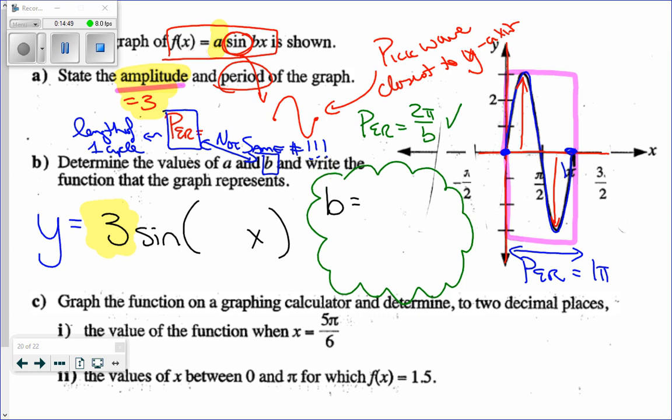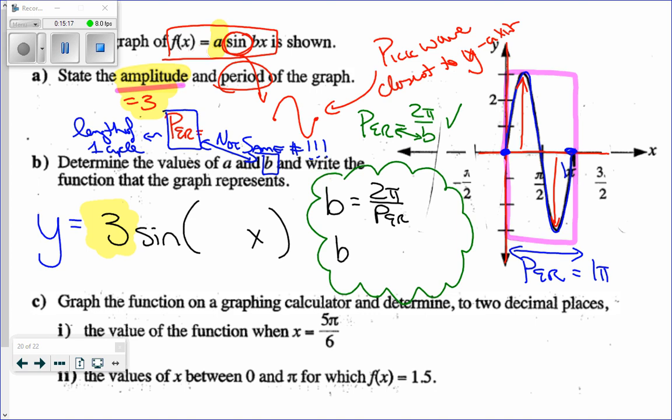Now, I want to find the B value. I don't want to find the period. So what you're allowed to do is swap those two things around. So instead of writing period equals 2 pi over b, you can write b equals 2 pi over period. You can just swap the position of those two things.